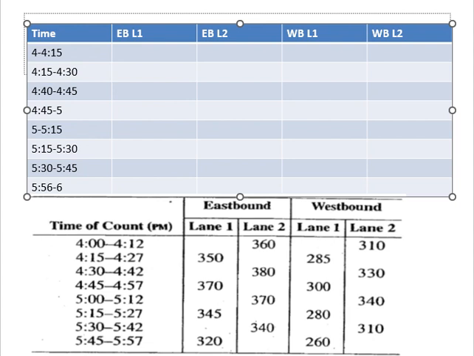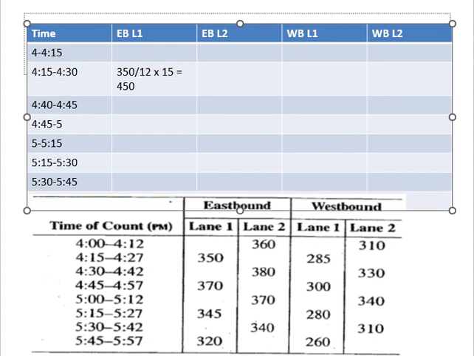Okay, so 350 becomes what? 350 becomes 450. So what did we do? 350 divide by 12, then multiply by 15. Next.